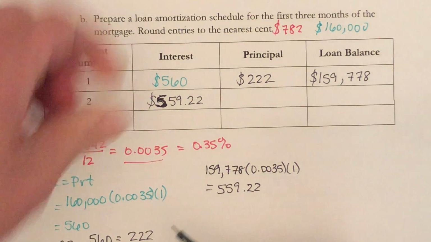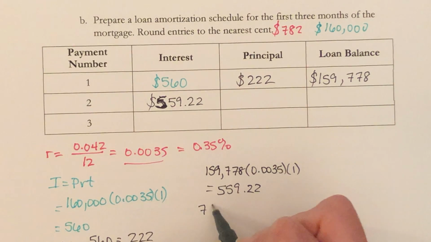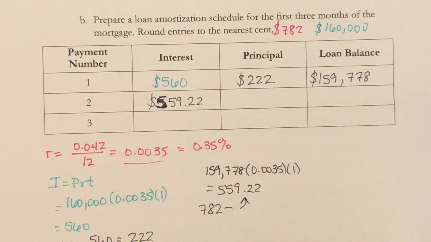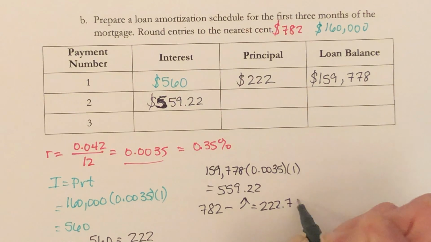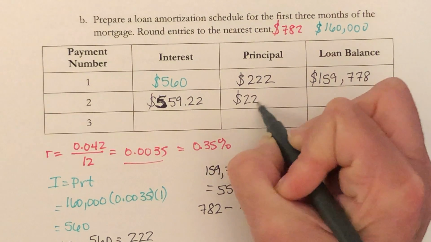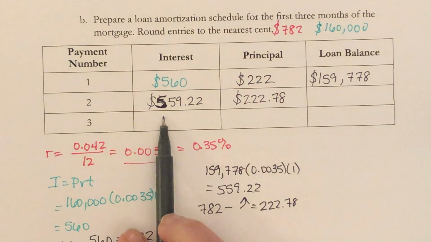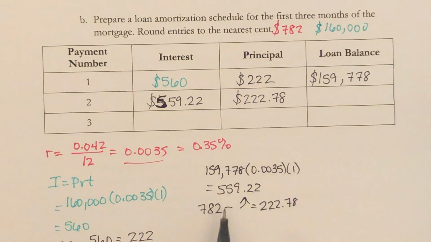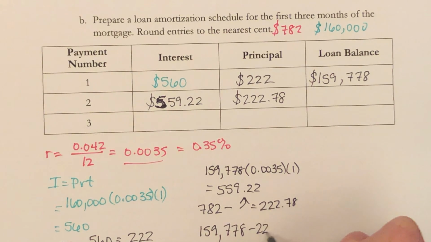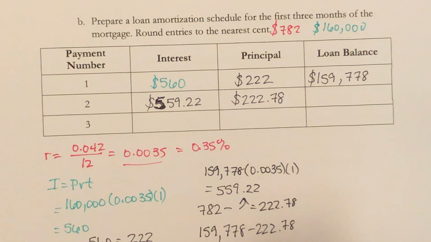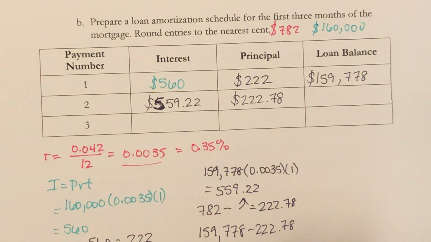We need to subtract that from the 782, and then you'll get 222.78. So we paid slightly less in interest, slightly more on the principal, and then you subtract this value from that. And you get 159,555.22.